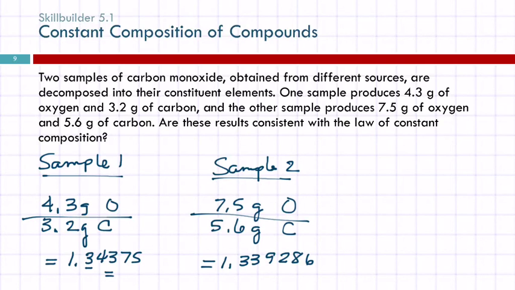So this is 1.3. And over here, again, 2 sig figs, this one should have 2. And now, within the uncertainty caused by the measurements, they are exactly the same. So, are these results consistent with the law of constant composition? Yes, they are. 2 samples of the same compound from different sources, you decompose them, you look at the individual parts, and they have the same ratio.